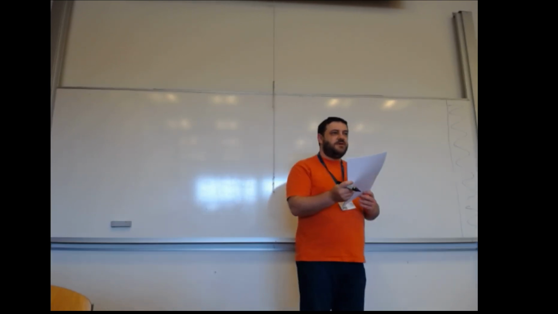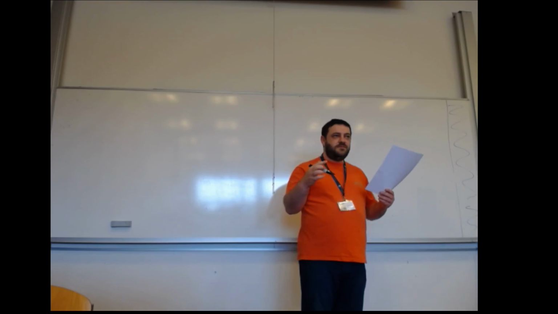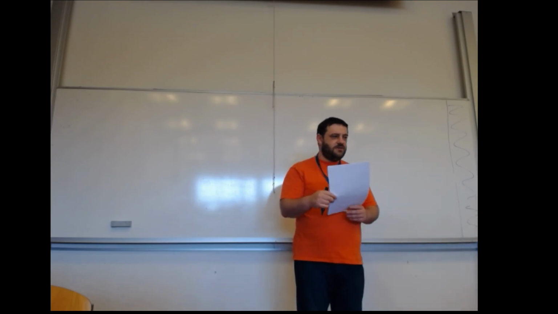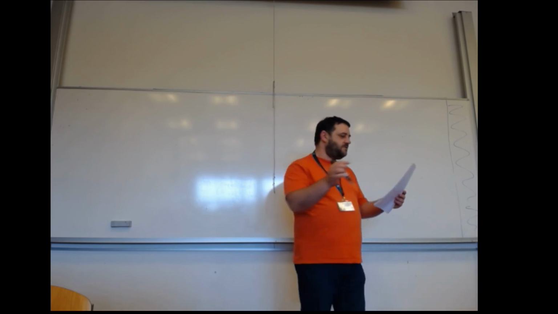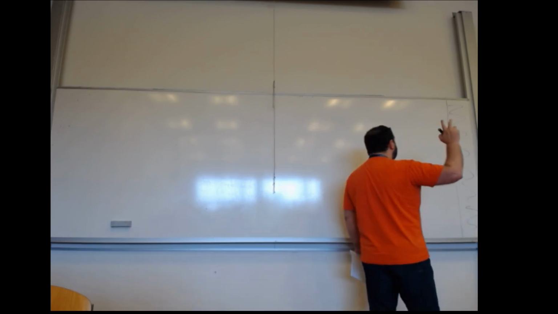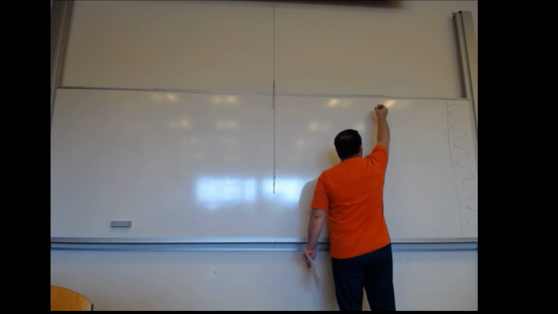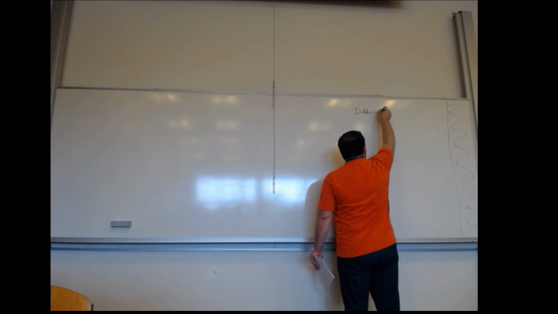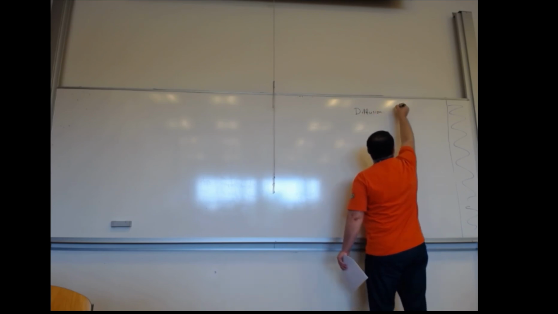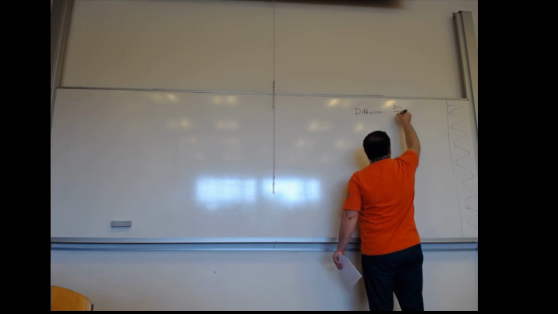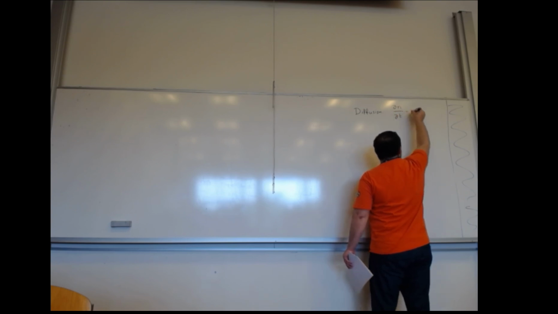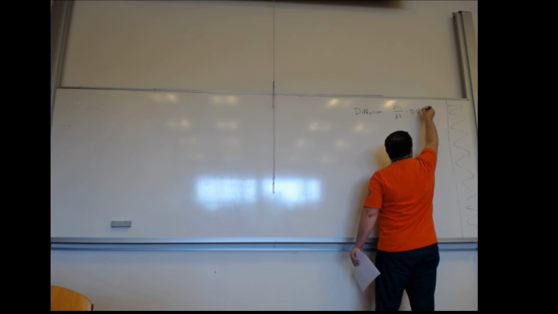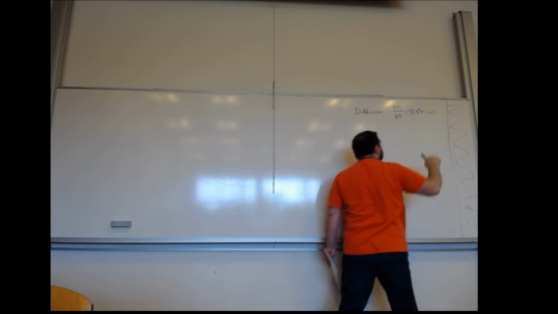So yesterday we started with the classical transport in normal metals, and there were two basic equations. One is the diffusion equation, with ∂t minus D ∇² times n equals 0.